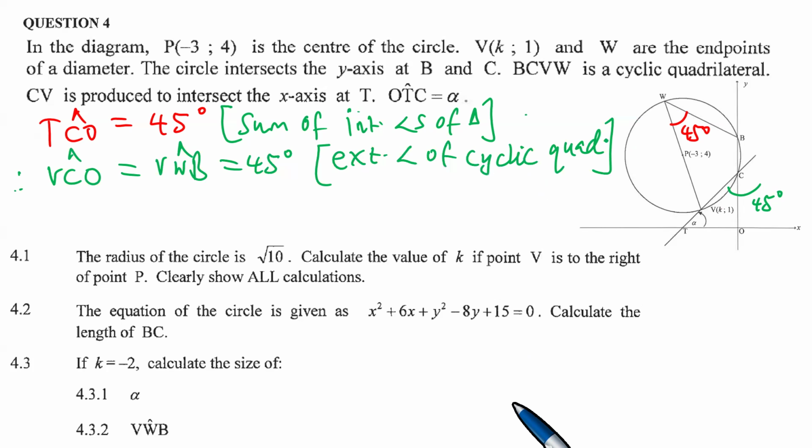So we have found that this angle here, alpha, equals 45 degrees. We've also found VWB, which is equal to 45 degrees. So we've answered these questions over here.